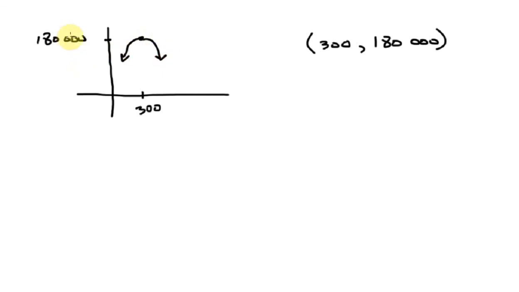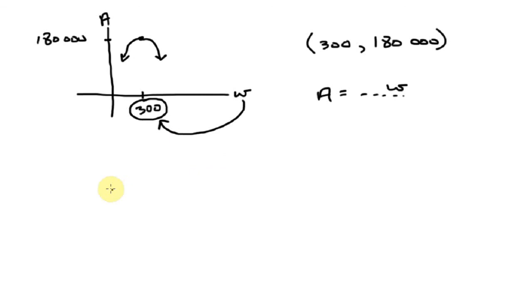I don't really need to know that this is the maximum. What I really need to know is when it occurs. Remember, our function looked like this, A, and then I had a bunch of stuff with w's. So instead of x, this is the w axis, and instead of a y-axis here, this is actually the A-axis. What it's telling us is that the vertex occurs when w is 300. And that's my maximum.